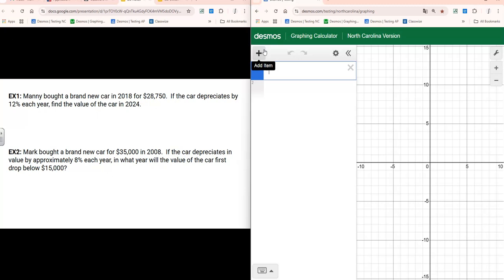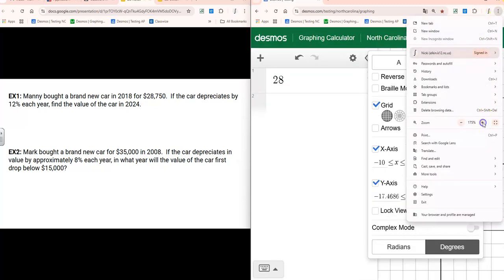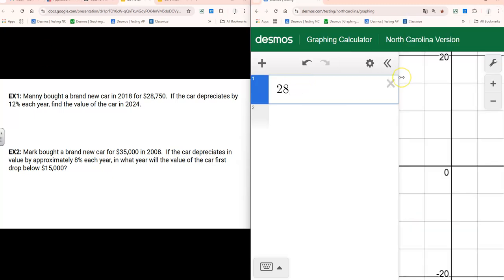So let's think about it this way. If the value decreases by 12%, what percentage of its value is it keeping? It loses 12. What percent does it keep? 88, right? 100 minus 12 gives us 88. So that would mean after a year, I've got 28,750.